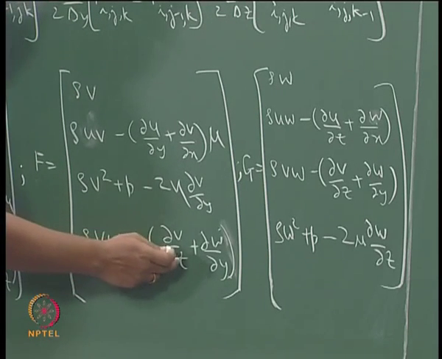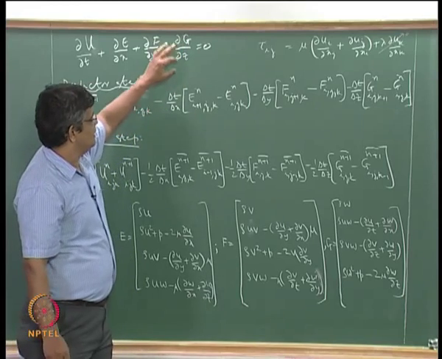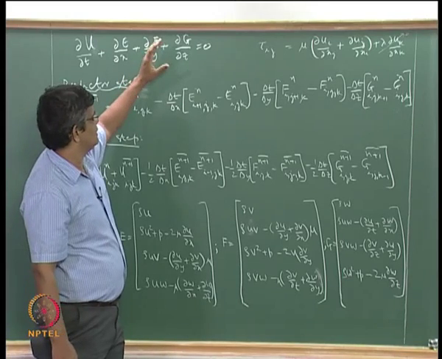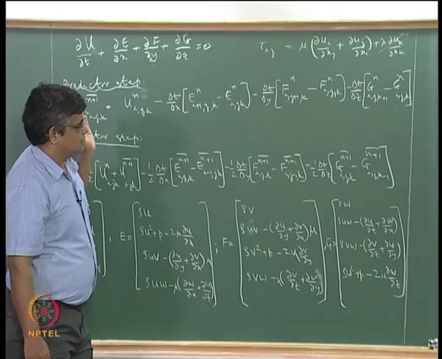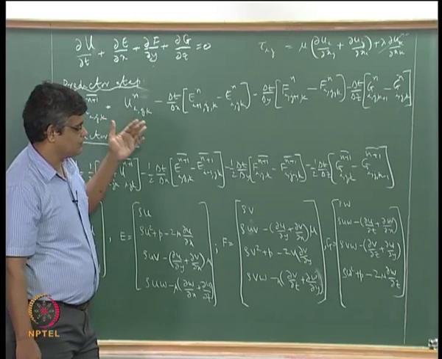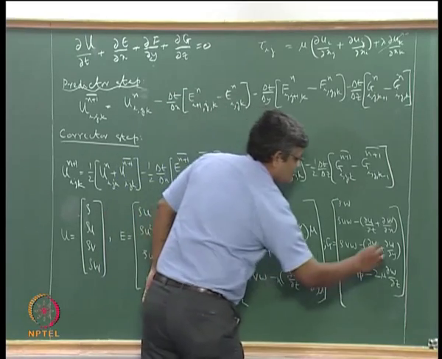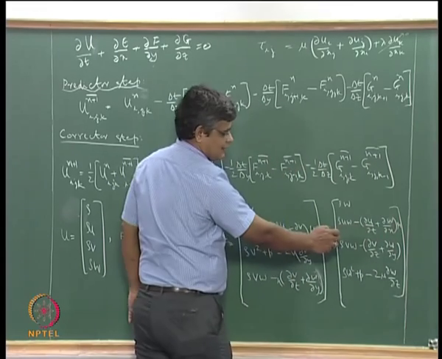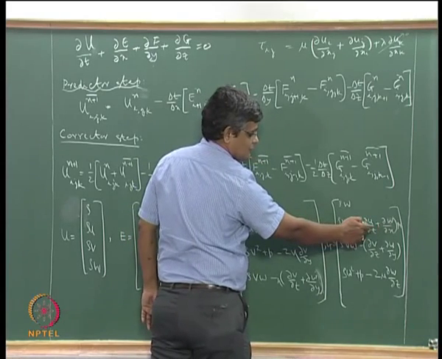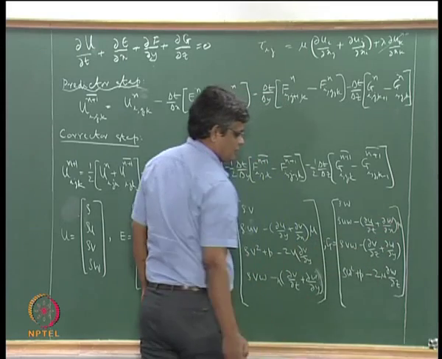mu times dou v by dou z plus dou w by dou y, and finally the G component here is the set of terms appearing from the z directional faces, that is the front and the back face. We have rho w in the continuity equation and rho u w minus the shear stress in the z direction, so that is tau zx, which is mu times dou u by dou z plus dou w by dou x.